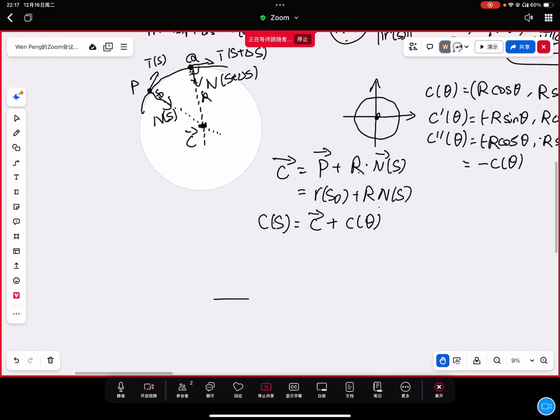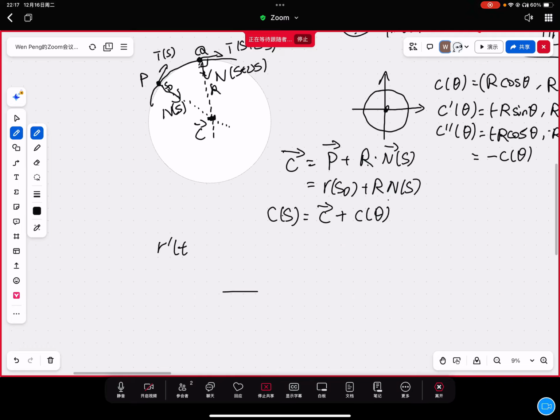It turns out that if we take the Taylor expansion for the second degree of the vector valued function, here should be R of s, not R prime of s, but R of s.